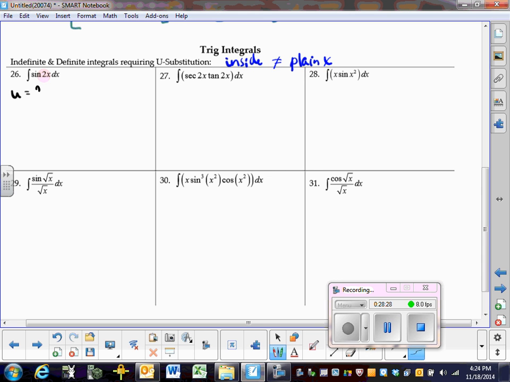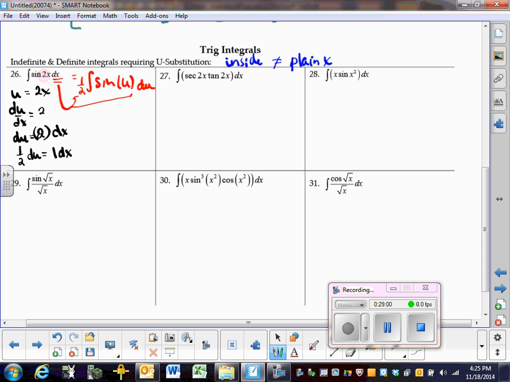Our u is going to be 2x. That means the derivative of u with respect to x is 2. We cross multiply to get du equals 2 times dx. So 1/2 of du equals 1 dx. Now we're going to do our substitution. So we have the integral, we have sine, we're going to swap out our u, and we're going to swap out our dx, and the dx is really half of du.